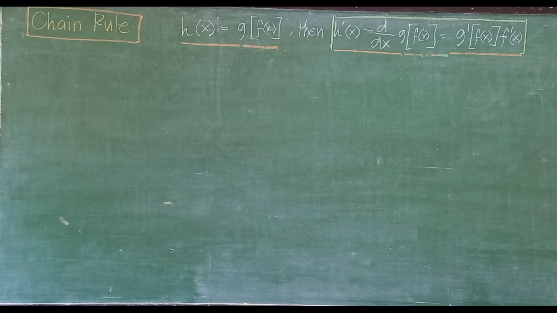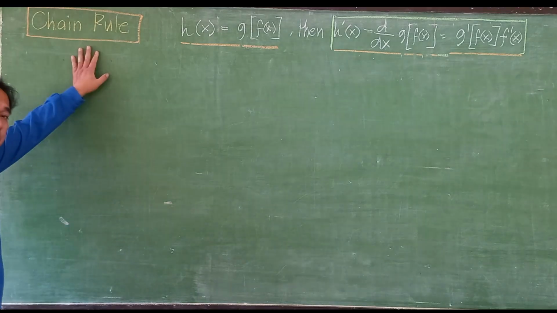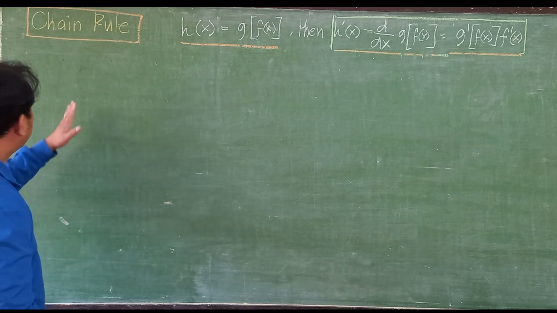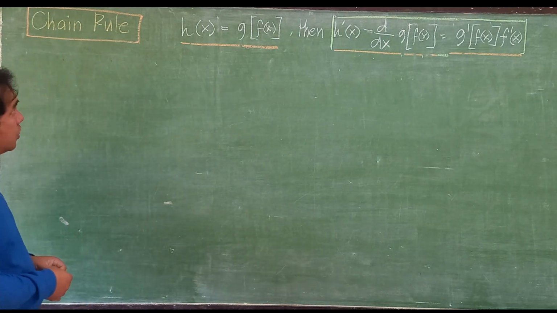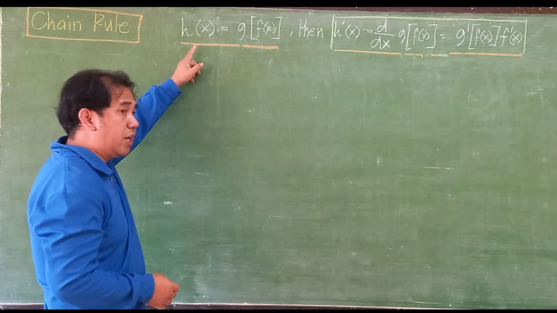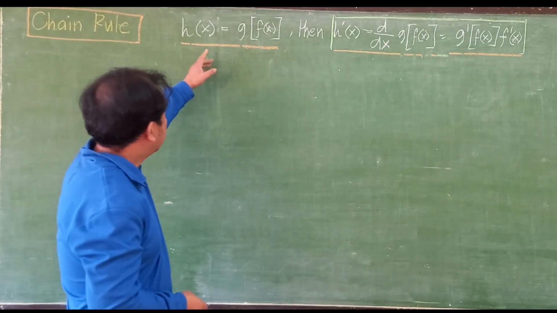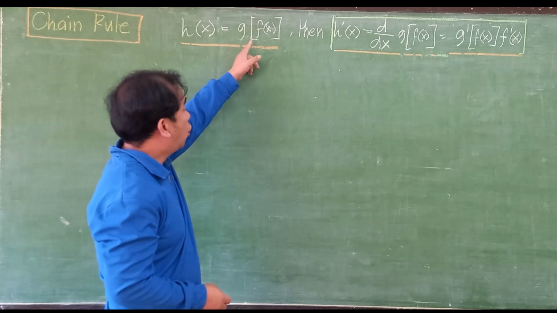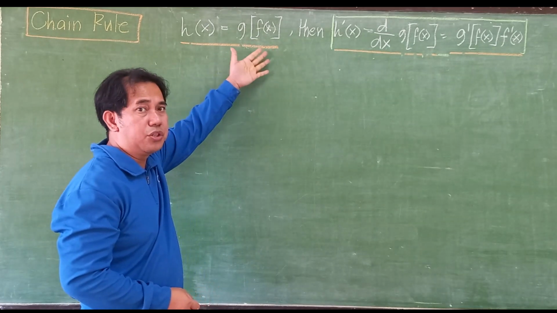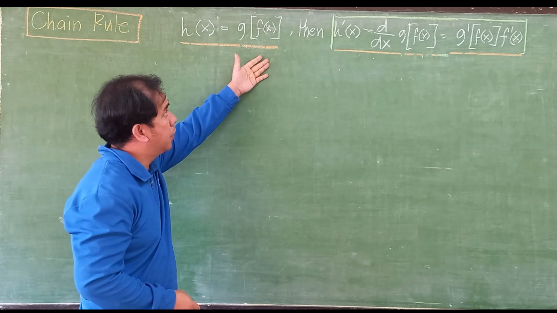So our focus today is the elaboration or discussion on the chain rule. How is the chain rule? It says that if we have a function h of x defined by g of f of x, this is actually a compositional function.